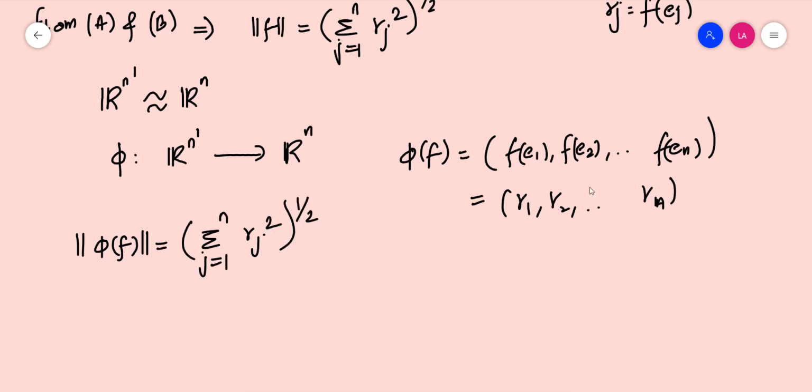Since phi of f is in Rn, in Rn we have this norm. We have already proved that this is equal to norm f. So this preserves norm. That is, the norm of phi of f is equal to the norm of f. So our function preserves norm.